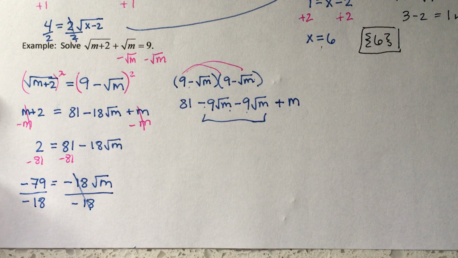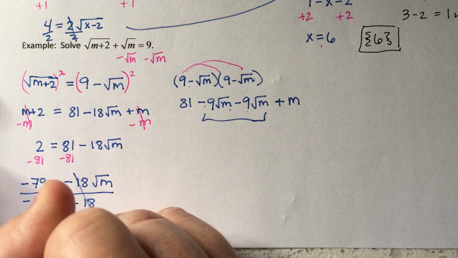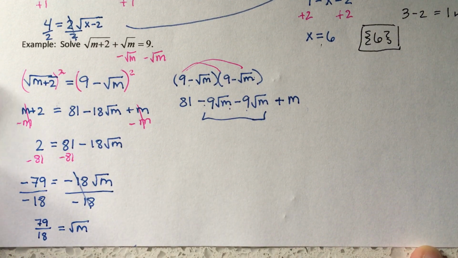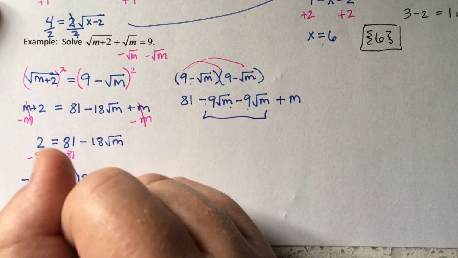Now, here's the ugly part of this. 79 over 18 does not simplify. It is just an ugly fraction. You could get a decimal approximation, but why bother? Fractions are lovely. Let's just leave it like that. And we need to square both sides.